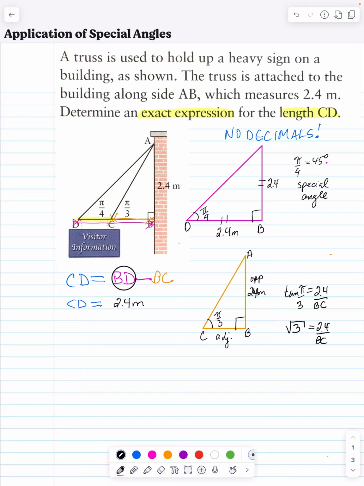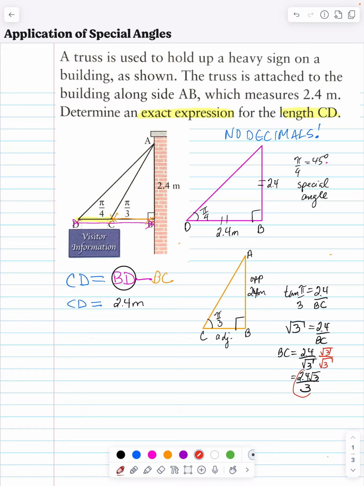We can now switch these two, BC and root 3. That's from grade 10 trigonometry that you can remember. In the denominator, you're going to divide. But recall that you cannot have an irrational number in the denominator, so you have to rationalize the denominator. When you rationalize the denominator, you will have 2.4 root 3 divided by 3.